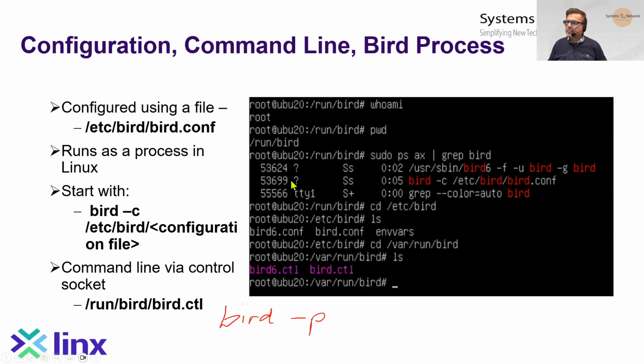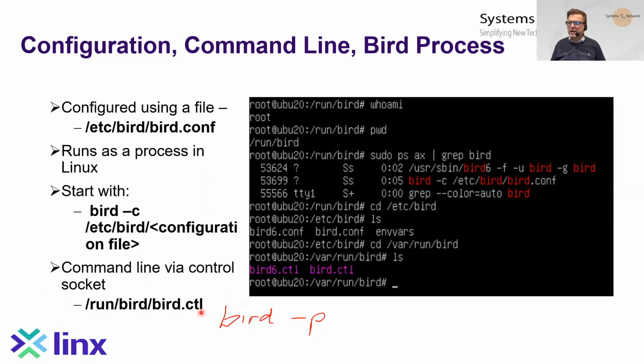Secondly, there is a control socket, which is what I've tried to illustrate on here. This is where I've talked about it in run, bird.ctl or bird6.ctl. There is this control socket. The control socket is created when Bird runs, and your command line effectively is connecting to that control socket to use the command line.